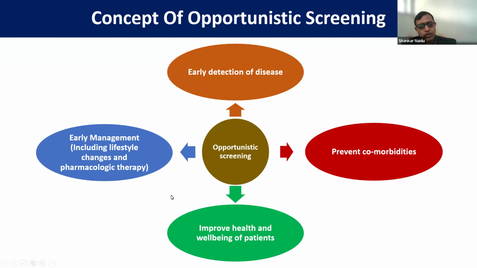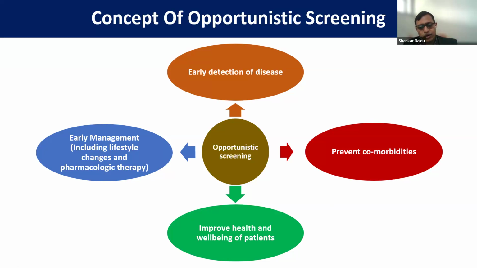So what is the advantage of doing this opportunistic screening? There is a chance that we detect the disease very early, which also results in initiating management at an earlier stage, which could be either lifestyle changes or pharmacological therapy. Both of these interventions would lead to improvement of the health and well-being of the patient, and also prevent various comorbidities that might occur because of the presence of the non-communicable disease.